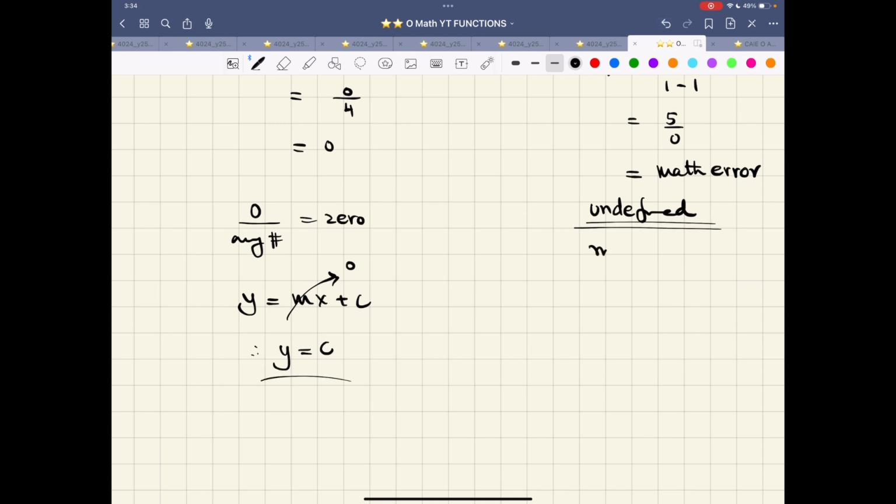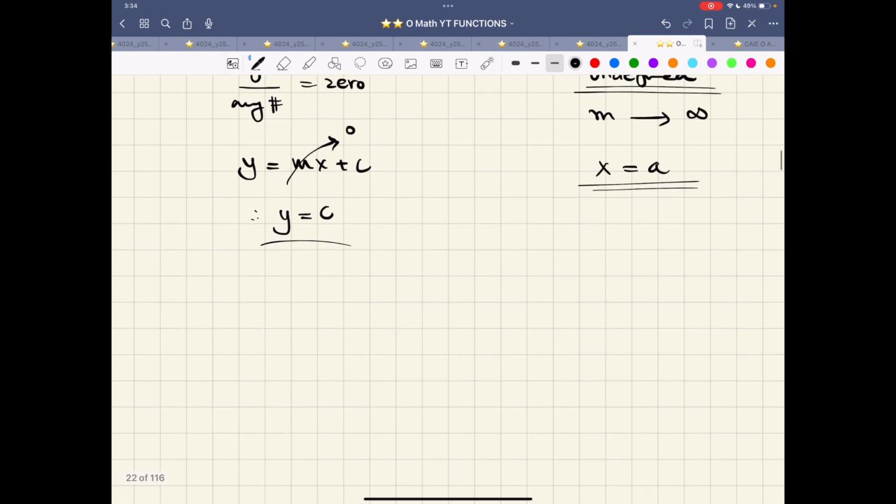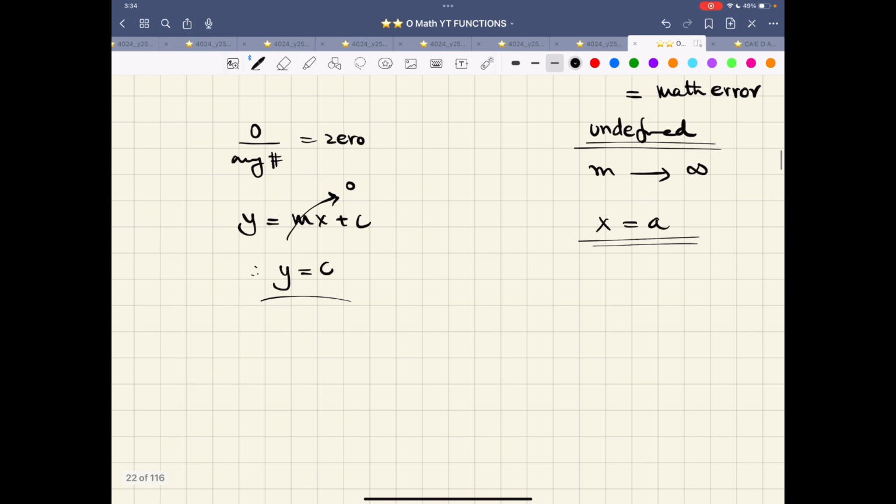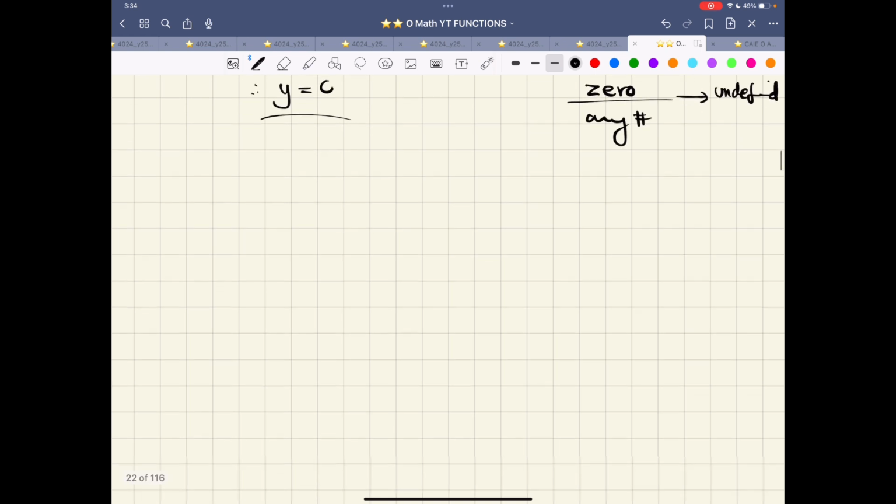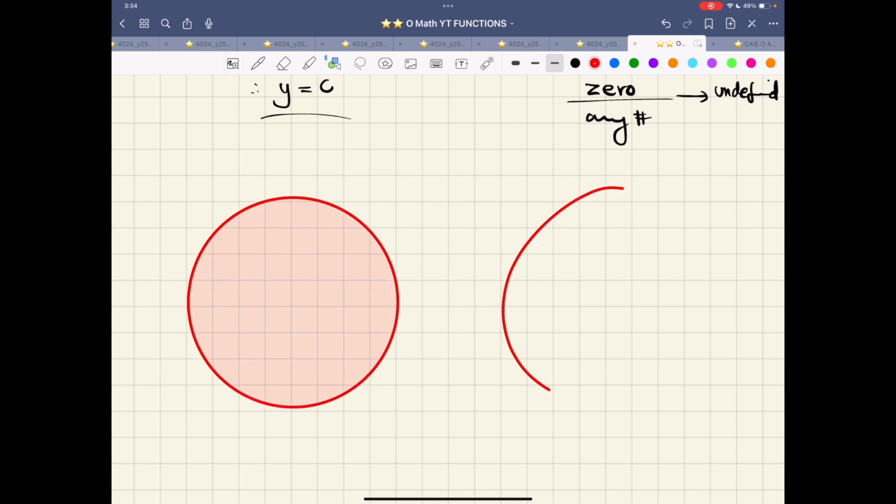When gradient becomes undefined, we simply write x is equal to a constant. Now, what is the logic? So now let me explain the logic right over here. Let me choose another color.